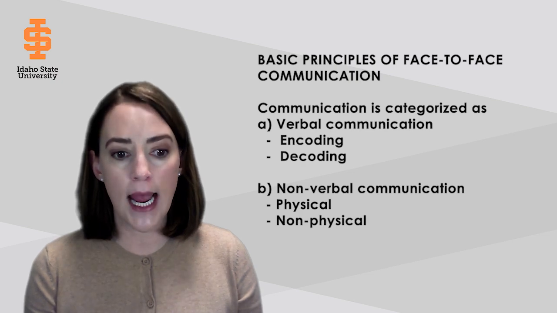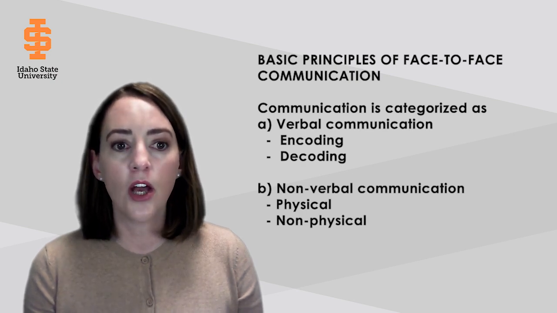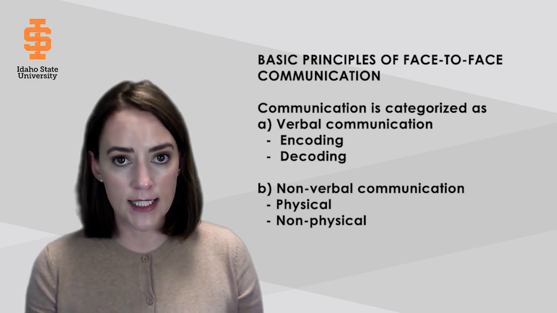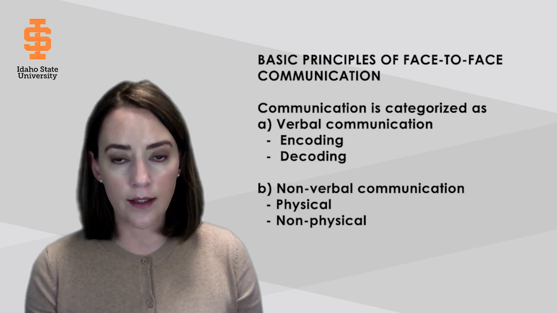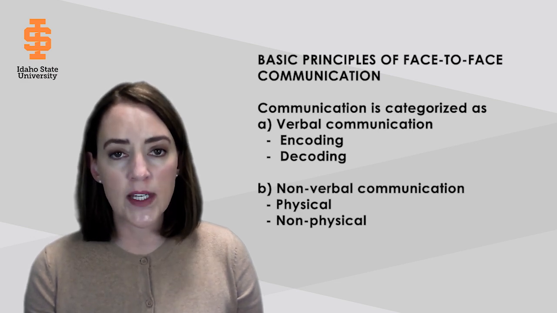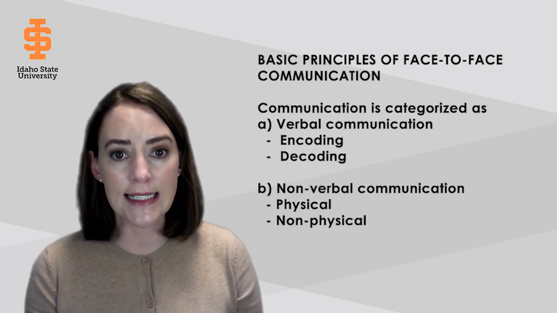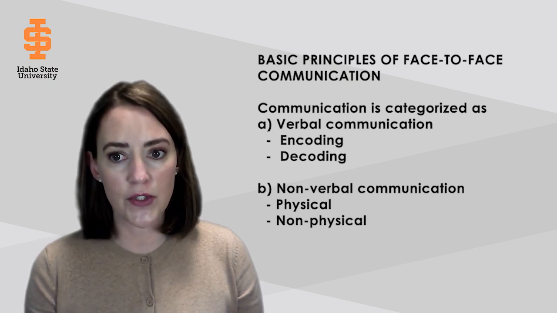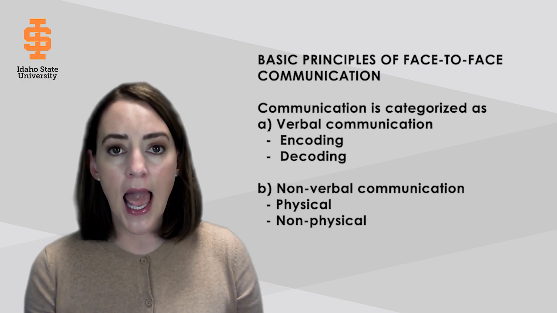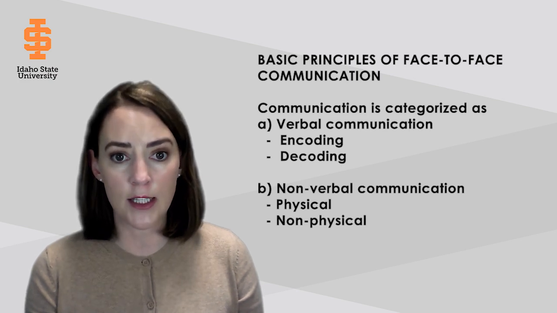It is direct. Verbal language is divided into two components, encoding and decoding. Encoding occurs when a speaker frames thoughts or ideas into words. Decoding occurs when those words are dissected, analyzed, and interpreted by the listener.